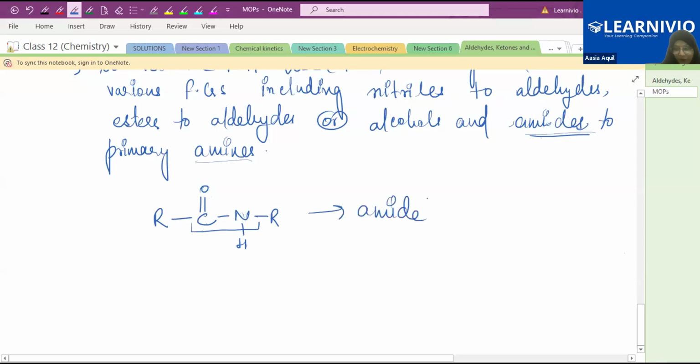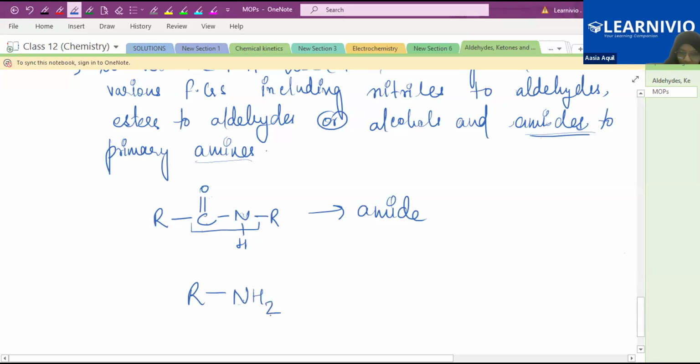Just remember that. And what is an amine group? An amine group is basically the nitrogen attached to any alkyl or aryl group. It is not compulsory that nitrogen should be attached to a CO group. If it is attached to a CO group, then it is an amide group. And if the nitrogen is attached to any alkyl or aryl group, then it is known as amine.